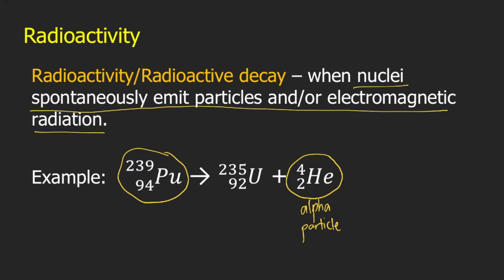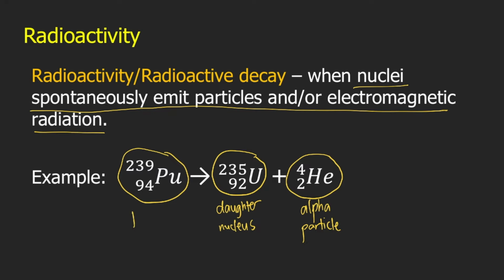So, when plutonium-239 emits an alpha particle, it forms another nucleus, which is uranium-235. Now, uranium-235 is what you call the daughter nucleus. It is the nucleus produced by the radioactive decay.